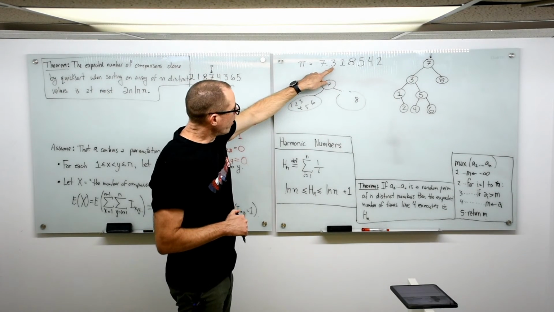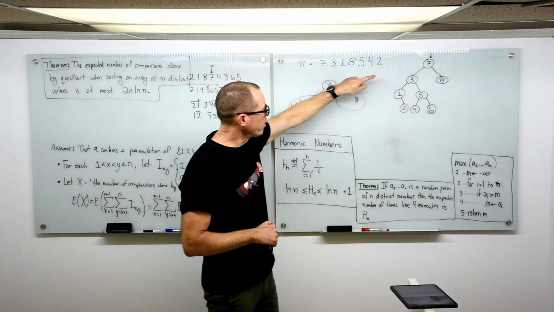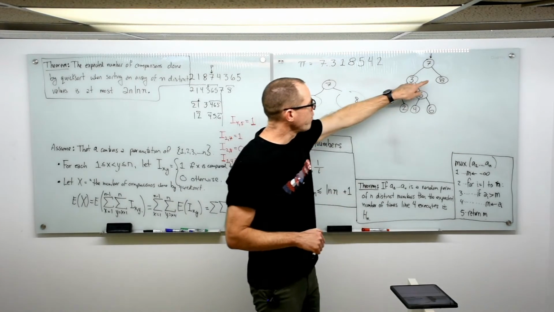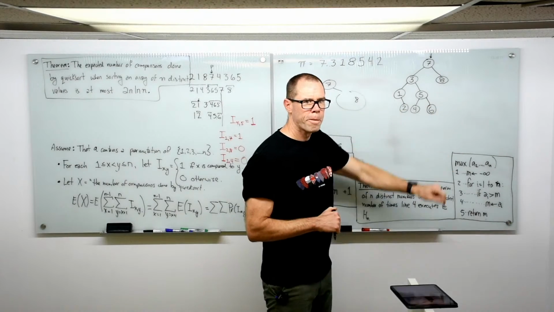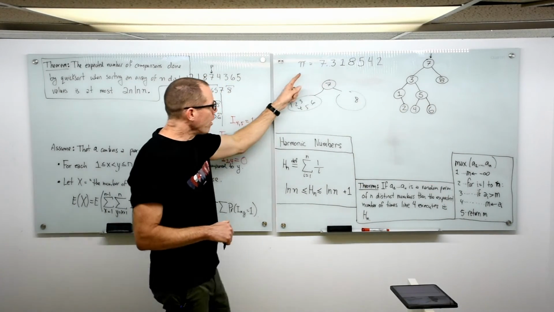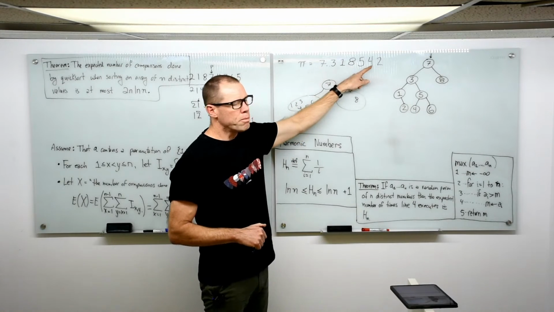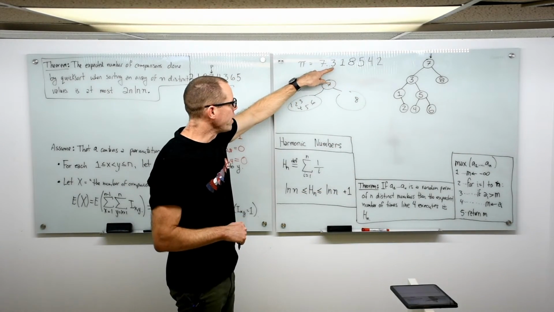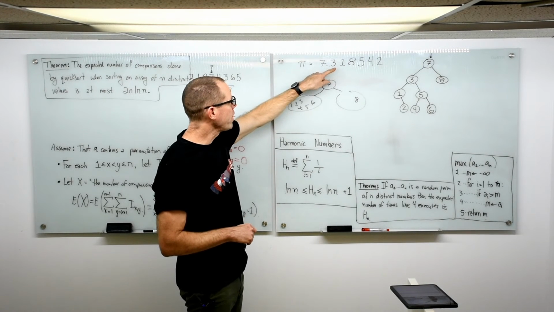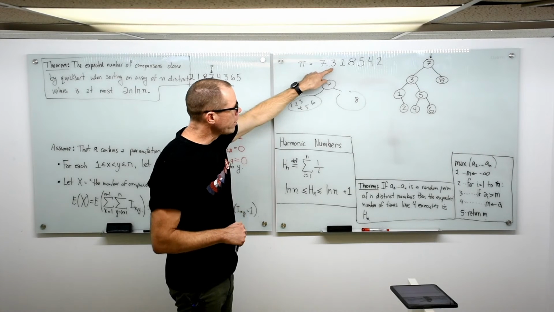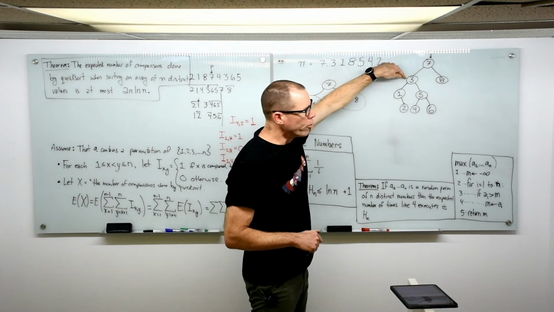But the things that are smaller than 7 are going to go over here, and the things that are bigger than 7 are going to end up over here. So in particular, there's going to be a first thing that I pick that is smaller than 7. In this case, it was the next thing, but I might have picked 8 before this. And that first thing that I pick that's smaller than 7 is going to become the root of this.